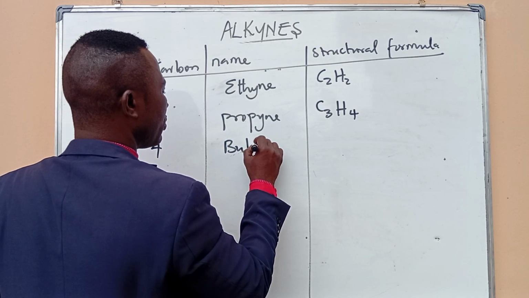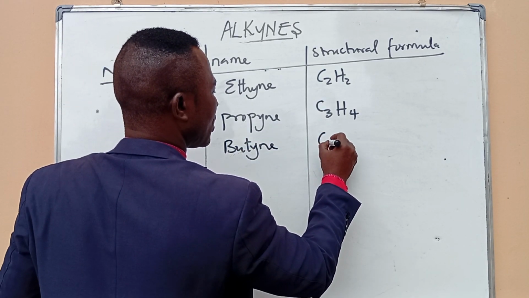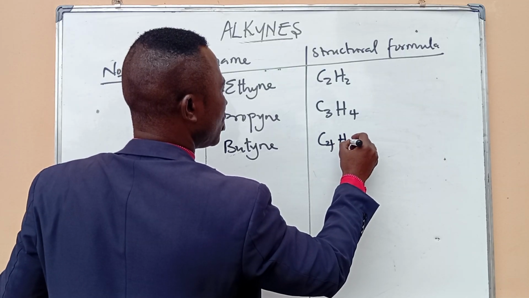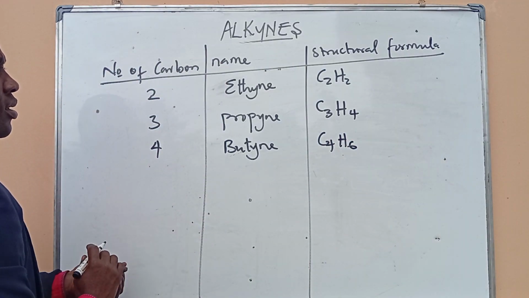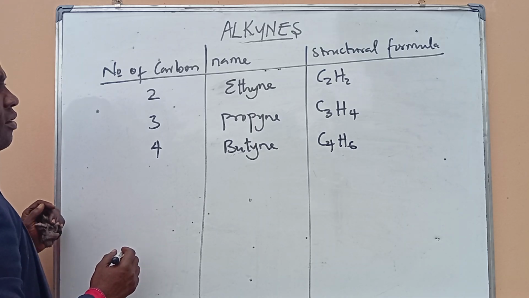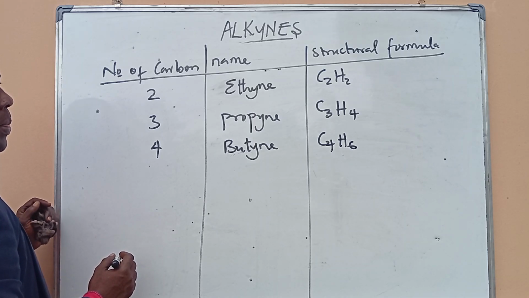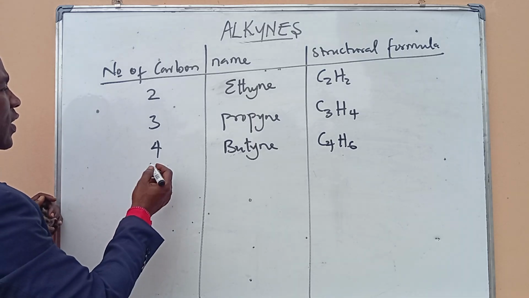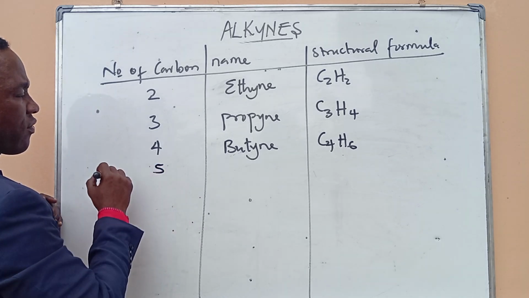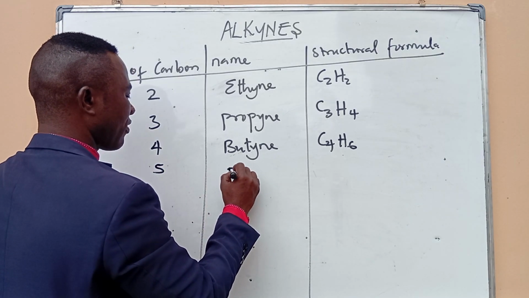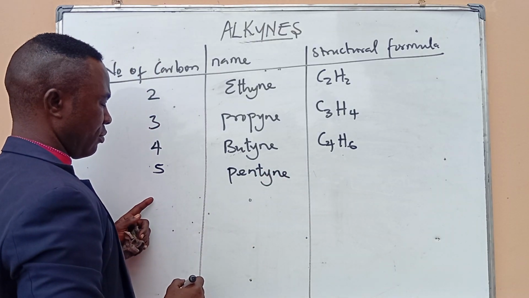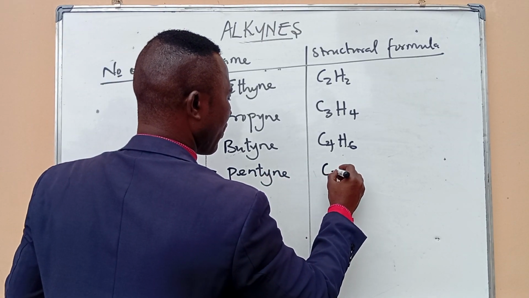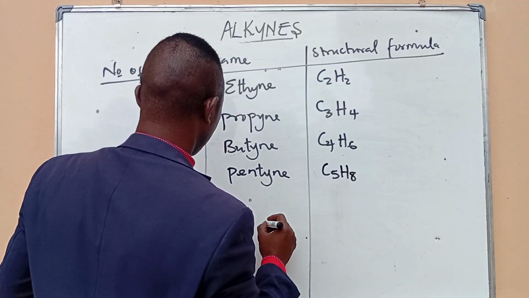If our carbon is 4, we have the third member, butyne, which is C4H6. Now the next member, number 5, is pentyne. Pentyne is the fourth member, and that is C5H8.